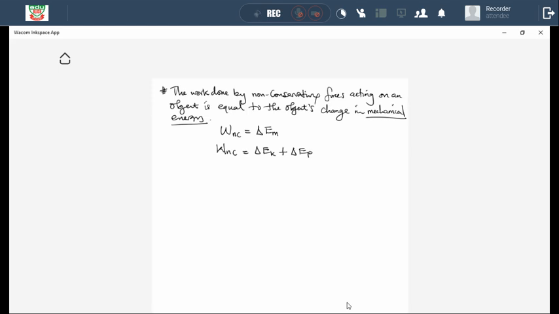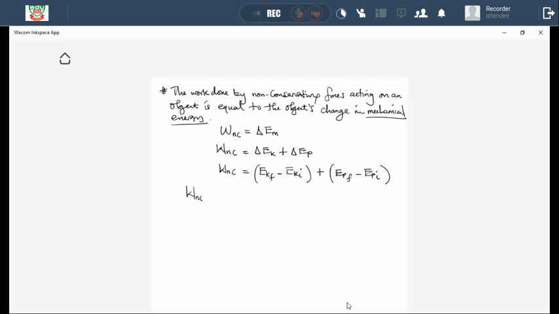We can further expand the formula: how do we calculate change in kinetic energy? E_KF minus initial kinetic energy, plus, how do we calculate change in gravitational potential energy? It's E_PF minus E_PI. Remember, when we calculate change in one variable in science, when we use delta, it's always final minus initial. Please.